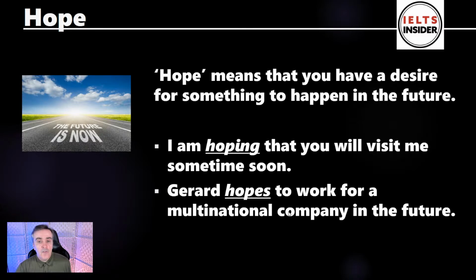Gerard hopes to work for a multinational company in the future. So again, it's about a desire for something to happen. You really want this. It's a strong feeling for something to happen. Now, we don't know if it will happen or if it won't happen. It's just your hope. So again, it's similar to would like or want. I just feel it's a little bit stronger emotion to talk about this.